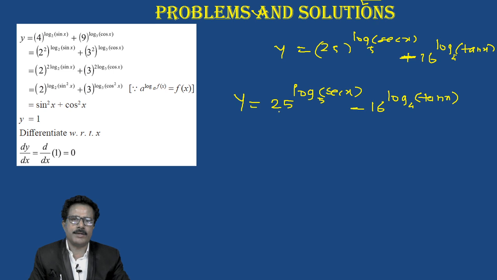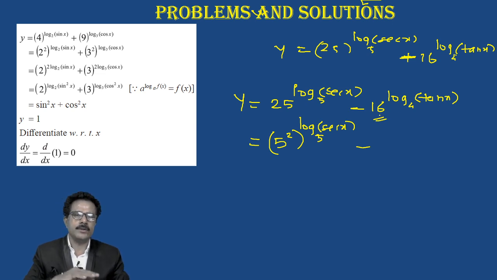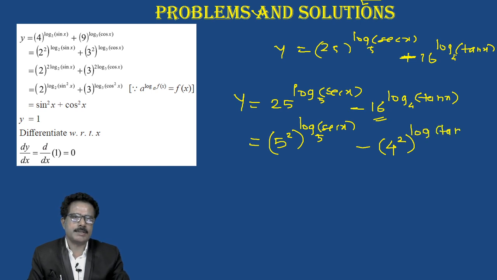Therefore, convert this 25 into its index form as 5 square, its power log of sec x to the base 5. Here also in the index there is a log whose base is 4. Therefore, convert this 16 into index form of 4, that is 4 square, again log of tan x to the base 4 as it is.